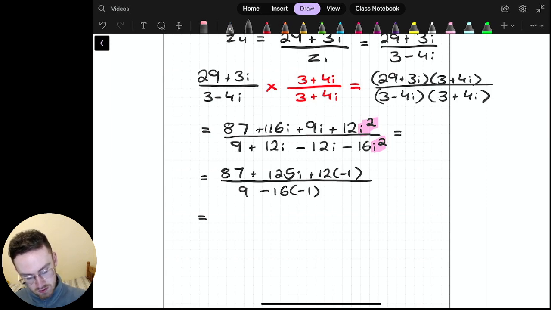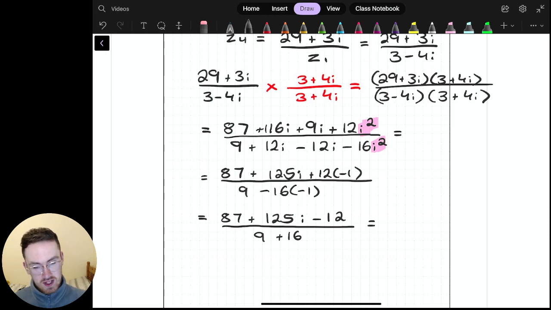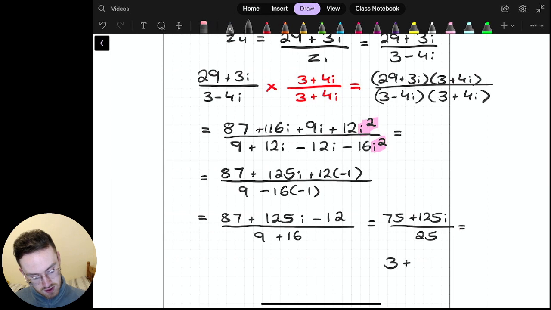Continuing on, 87 plus 125i minus 12 over 9 plus 16. Let's simplify it down. 87 minus 12 is 75, plus 125i all over 25, and that's going to give us 3 plus 5i.